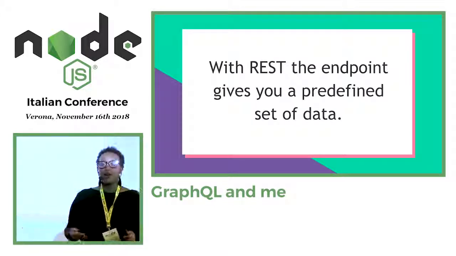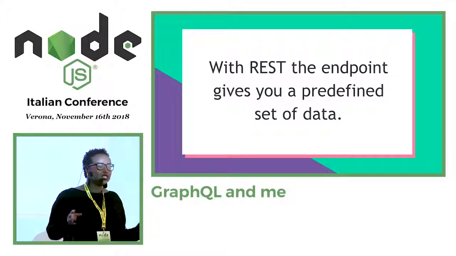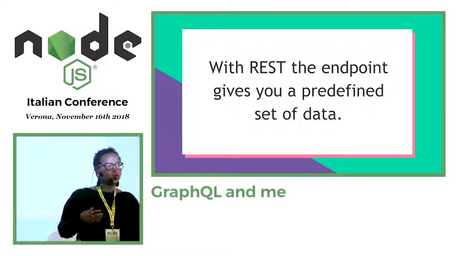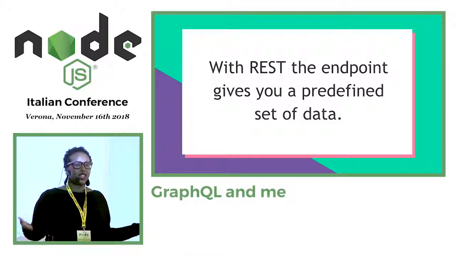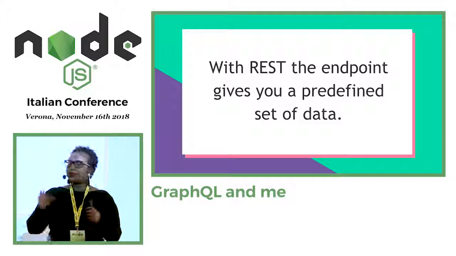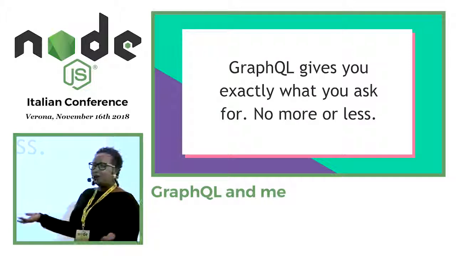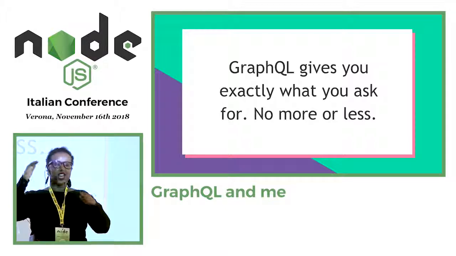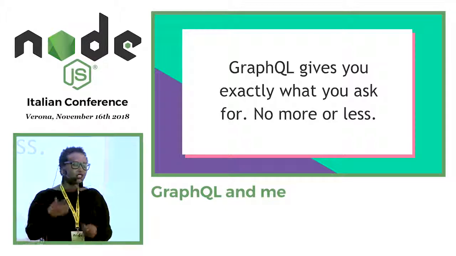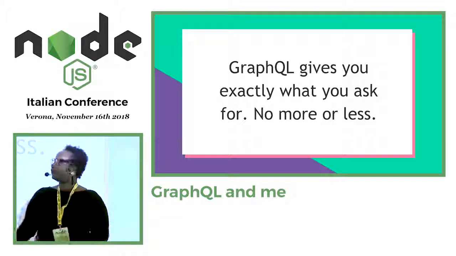With REST, the endpoints give you a predefined set of data. So when you go to /articles, the developer already decided what data to give you for that endpoint. But with GraphQL, the client can request the set of data they want. So they can pick and choose what they want.